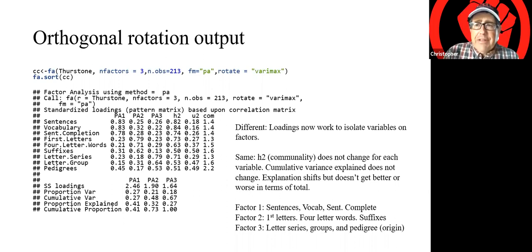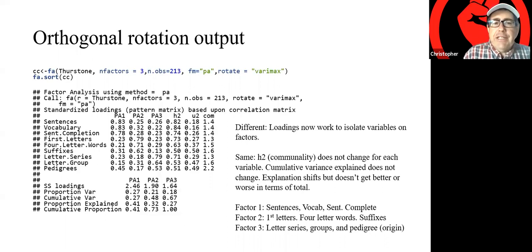What having these rotated loadings does is it allows us to interpret the factors in a little bit more meaningful way. If you look at, for example, the first factor, PA1, you can see we've got large loadings for sentences, vocabulary, and sentence completion, and then comparatively smaller values for the remaining 6 items. When we move to factor 2, we can see we have small loadings of 0.2, 0.32, 0.28 for the first 3 variables, and then for the next 3, we have relatively high loadings, all of them over 0.6.